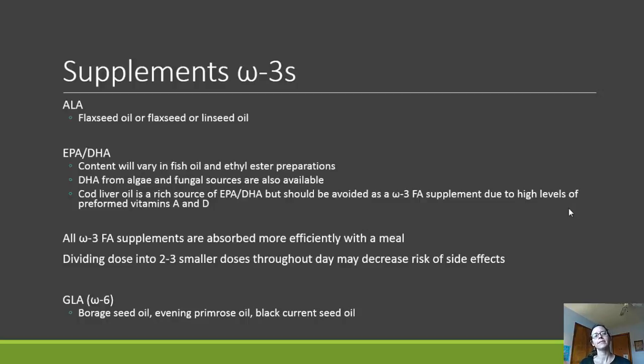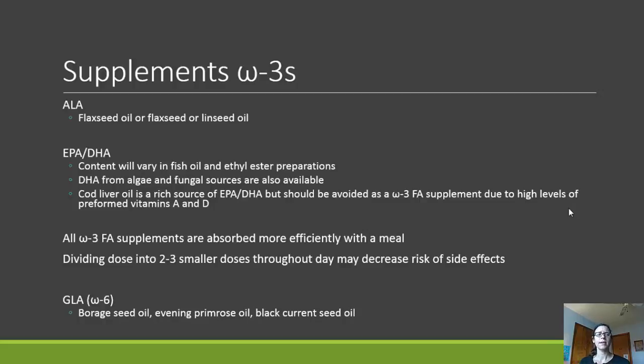Now, like I had discussed before, and we'll talk more about, really the main function of ALA is that it serves as a precursor for EPA and DHA. And I think the general understanding is that there's a pretty low conversion rate of ALA to EPA and DHA. So we really need to take that into account when we're talking with our clients and trying to determine dose.